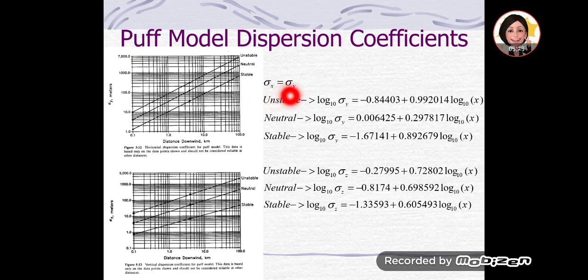That means the effect for the transverse of the wind condition is equal. That's the assumption. There are three conditions as well: unstable, neutral and stable. Then this is for the y direction and this is for the z direction, and this is the representative figure for these equations.